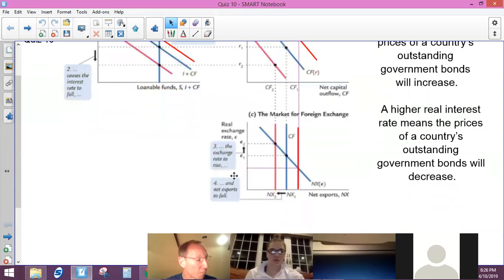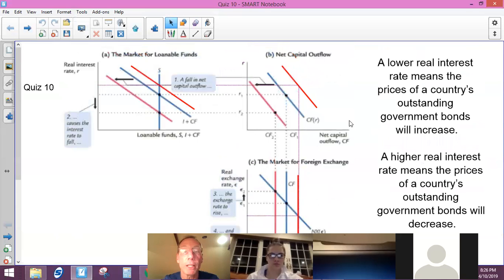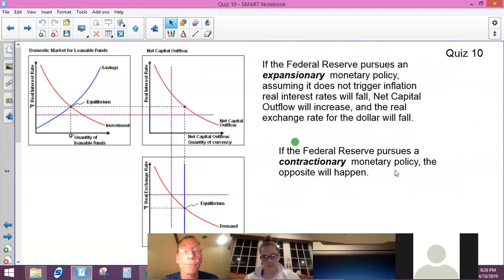The key here is that if the answer in the question is an outflow of financial capital, that's the cause. That's the shift that starts. Okay. And why I'm going through that is because if you look at another set of graphs, which I have right here, and you start off with lower real interest rates coming down, that's going to mean a movement along the line, right?